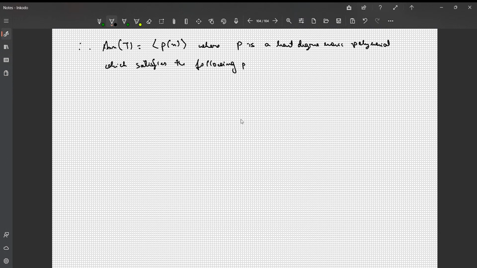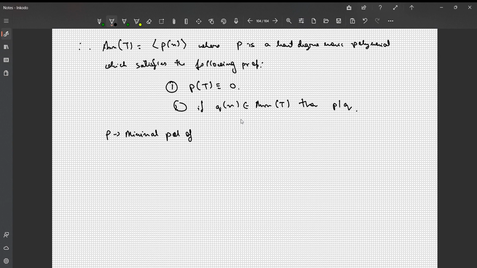Since it generates the annihilator of T, it is inside the annihilator of T. So p annihilates T. And number two, if q is any annihilator of T, then p must divide q. So this polynomial p is called the minimal polynomial of the linear operator T.